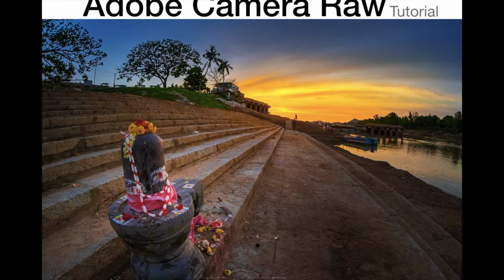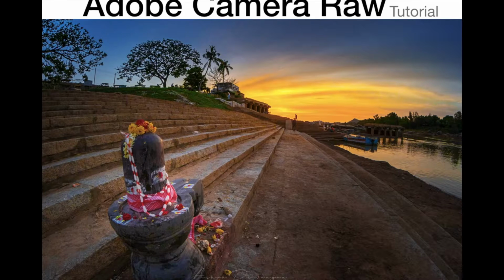So your raw image remains the same, and you cannot change your raw file, but all the settings and instructions which we do in Adobe Camera Raw, it saves in that particular XMP file. Okay, so let's start our processing of images through Adobe Camera Raw.